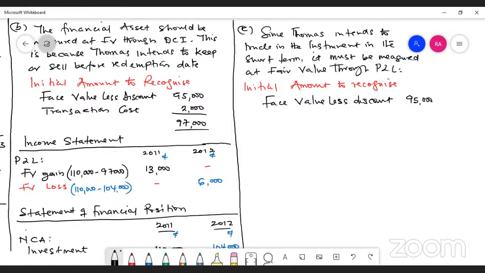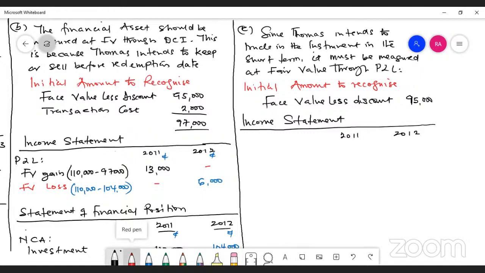Remember, transaction cost in fair value through P&L is expense. So in our income statement, we are going to have P&L.